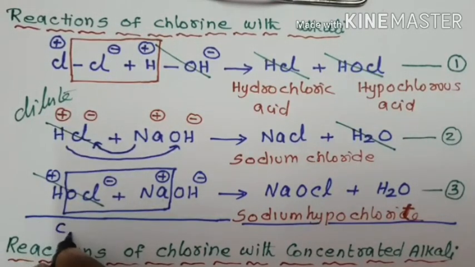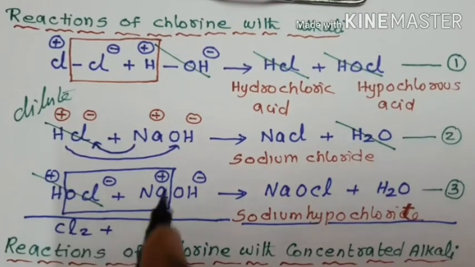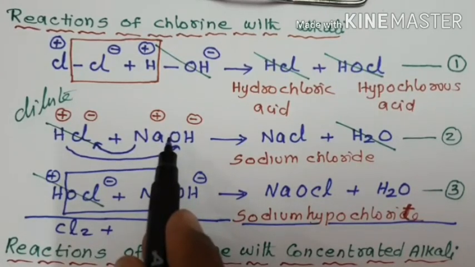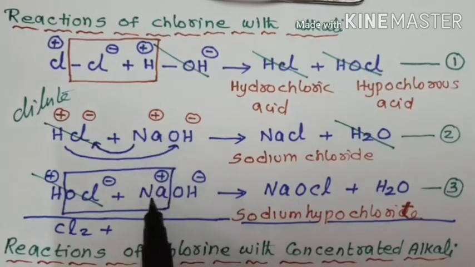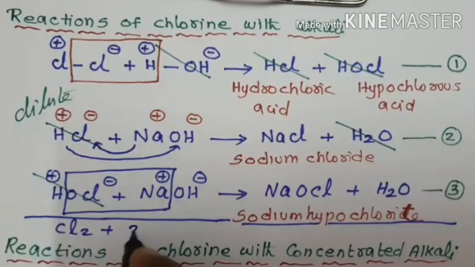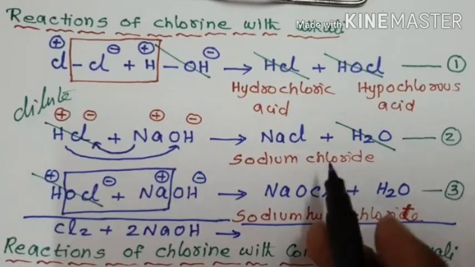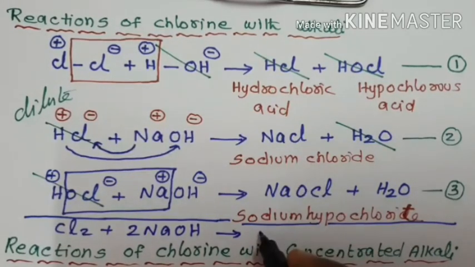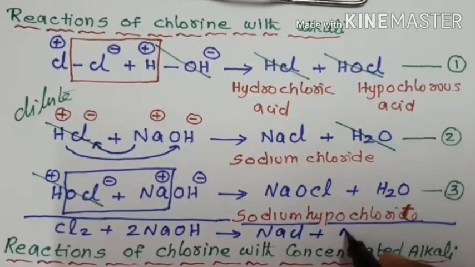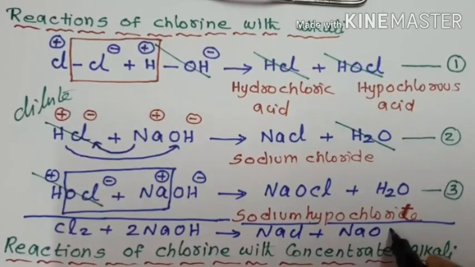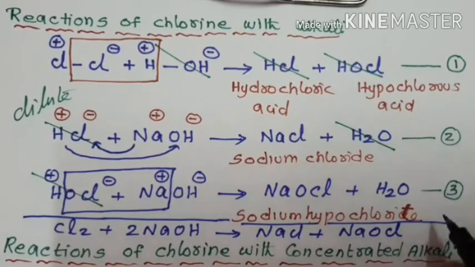Therefore, Cl2 on the left hand side reacts with 1 plus 1 equal to 2 molecules of NaOH and gives 1 NaCl, sodium chloride, plus 1 NaOCl plus loss of H2O.